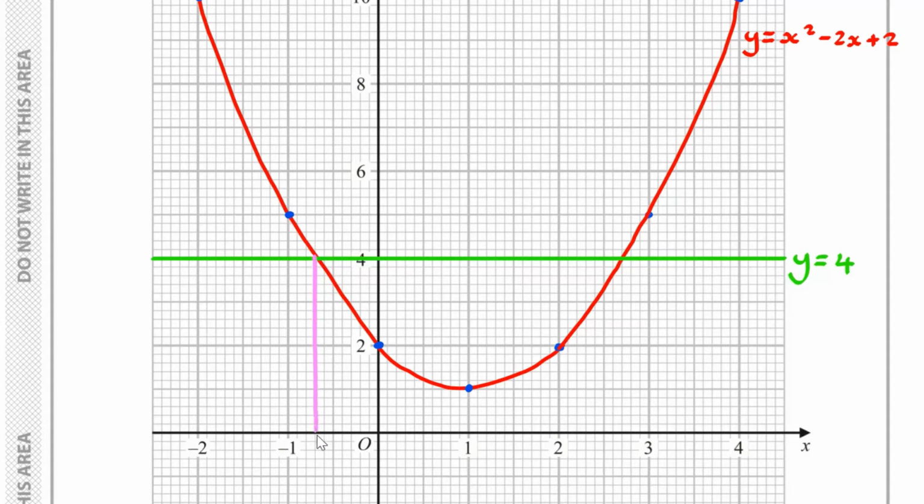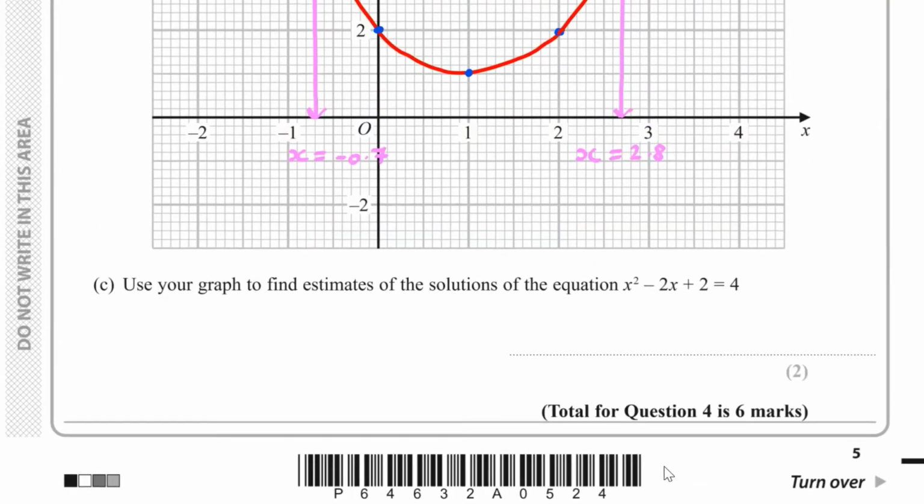They cross here at x equals minus 0.7, and also here at x equals 2.8. So we have estimates at x equals minus 0.7 and x equals 2.8.